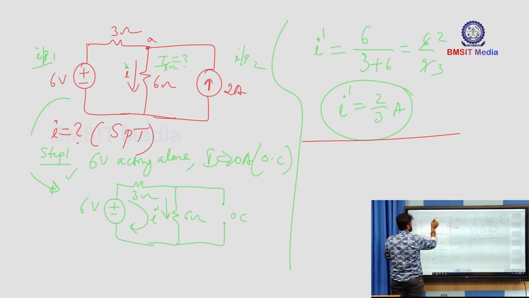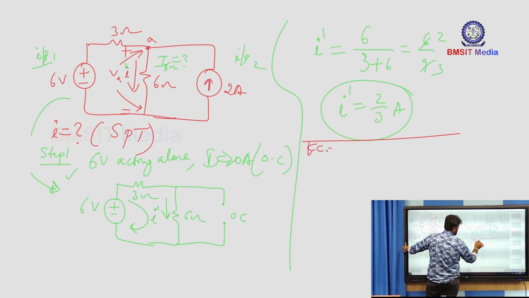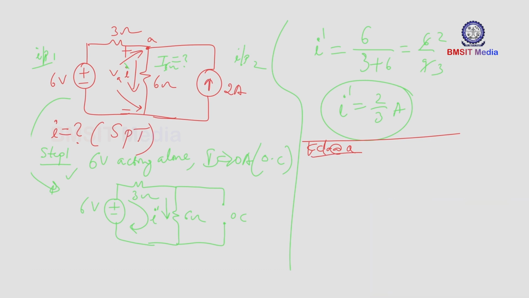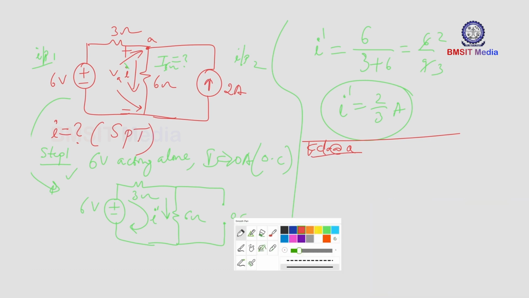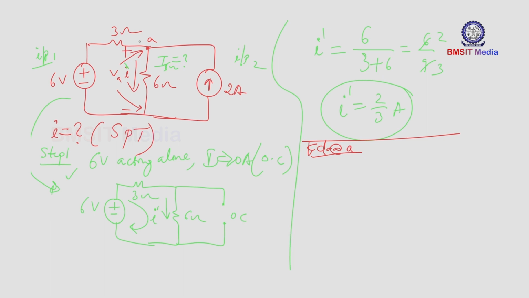I will call it the node A, and the node voltage I will call VA. So, apply KCL at node A, all leaving currents. The algebraic sum of leaving currents at a node is equal to 0, that is your KCL.